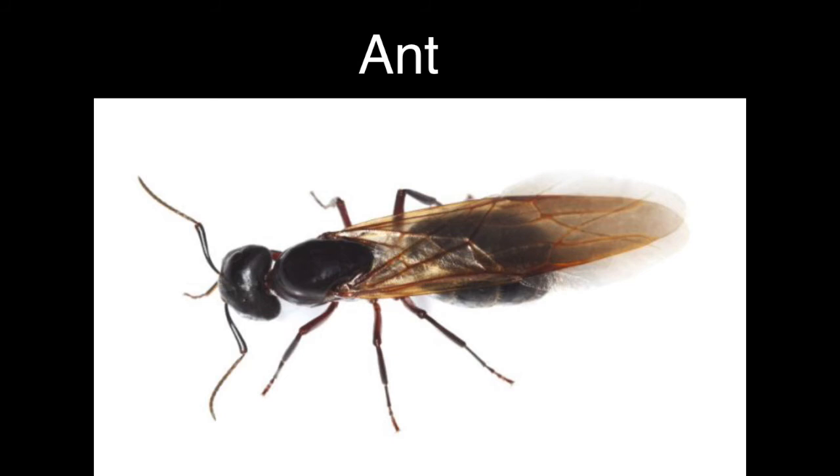You can see that it's got that curved or elbowed antenna, and also it's kind of hard to see through the wings, but this has a very narrow waist, and the wings are different sizes, as well as not as long as a termite's wings, which are going to be almost twice the size of its body. So when you look at this, you can see the elbowed antenna, the narrow waist, the different size wings, definitely an ant.